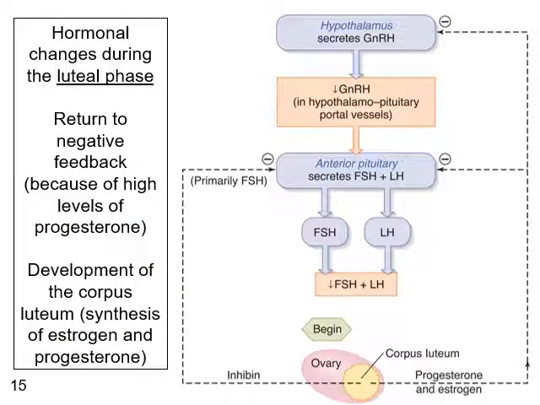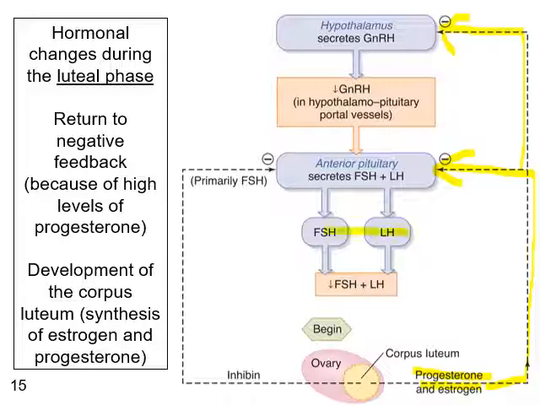When there are high levels of progesterone and high levels of estrogen, that combination of high progesterone and high estrogen returns the system to negative feedback. And so now the LH-FSH surge is terminated, and the LH-FSH levels return to low and stable levels because of negative feedback.